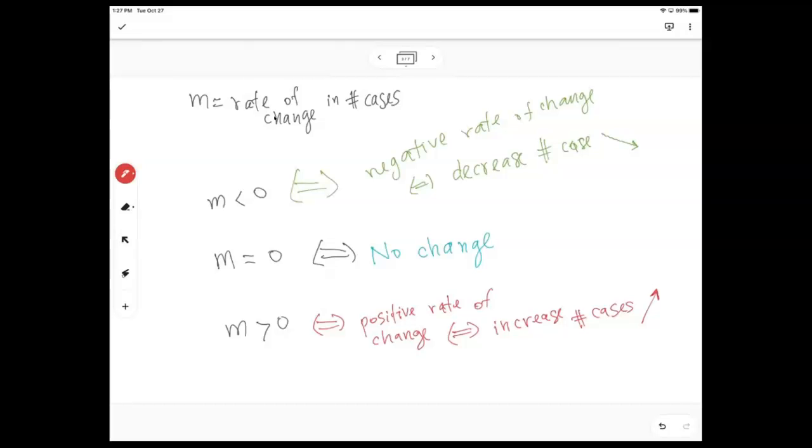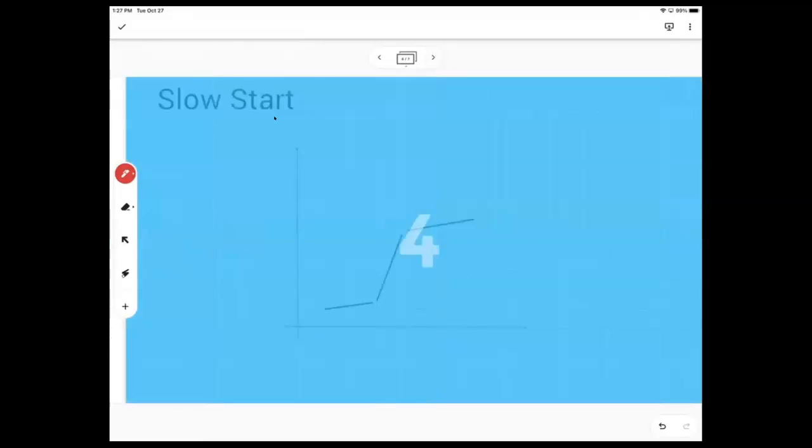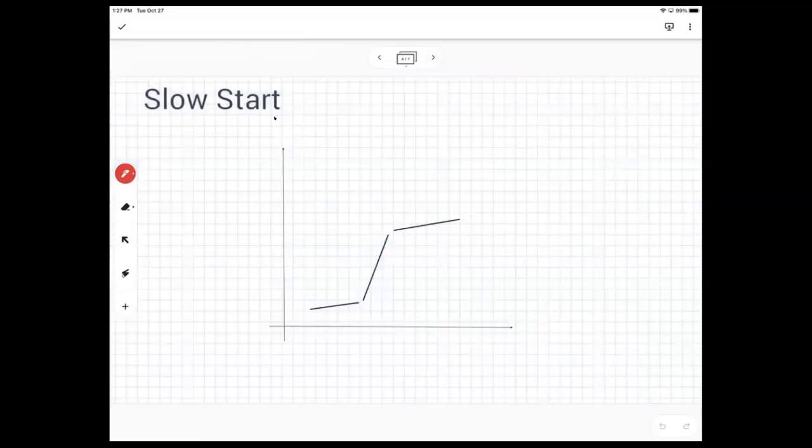So positive slope means positive rate of change, which implies an increment or increase. Remember, these are consecutive measurements over consecutive time units, and a negative rate of change implies a decrease over consecutive time units, right? So let's consider a scenario that looks kind of like this.